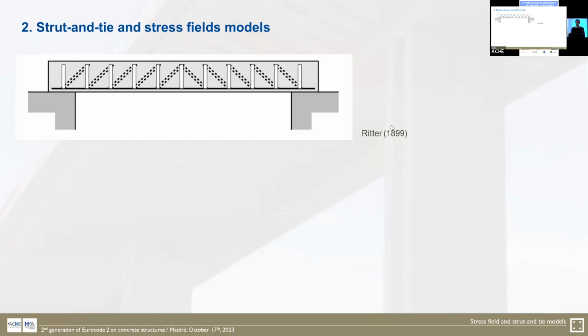The strut and ties come from the truss analogy already written or proposed by Ritter, and which was based on an intuitive approach to how the forces were carried inside a concrete member, how the forces are transferred through the concrete and transferred through the reinforcement.